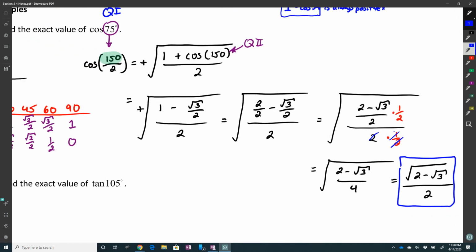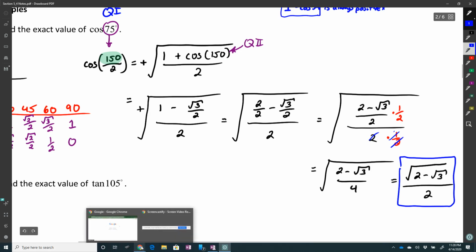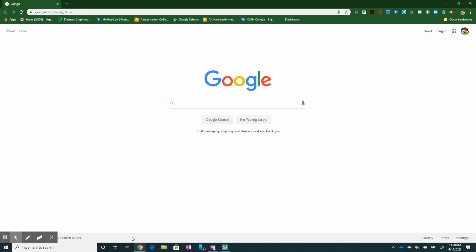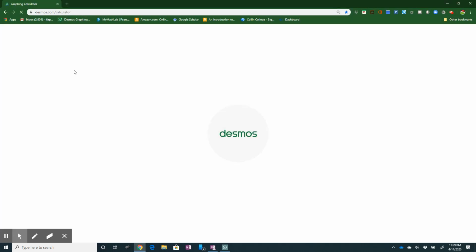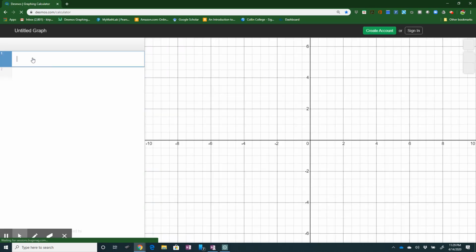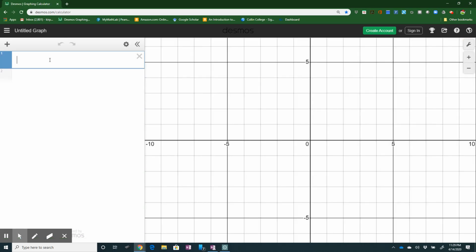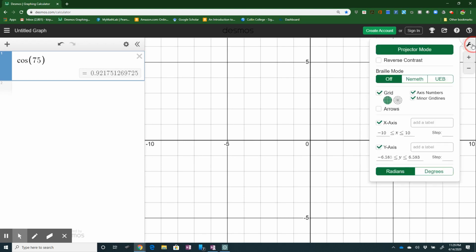And I can go to Desmos, and I can show you cosine of 75. Okay, so cosine of 75, and let me make sure that we are in degrees.